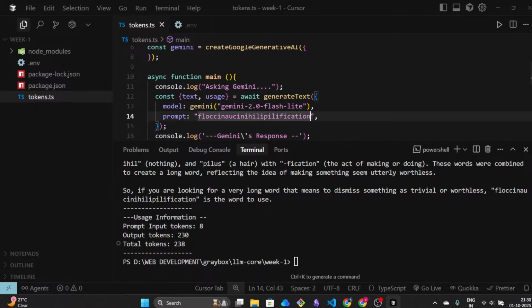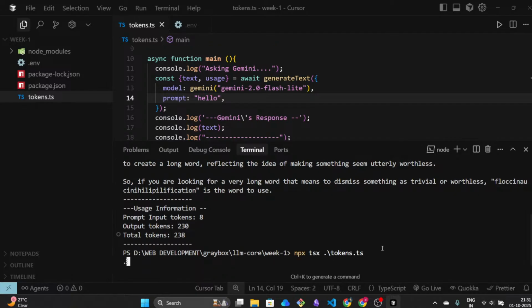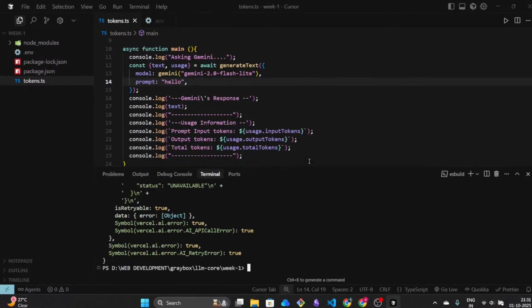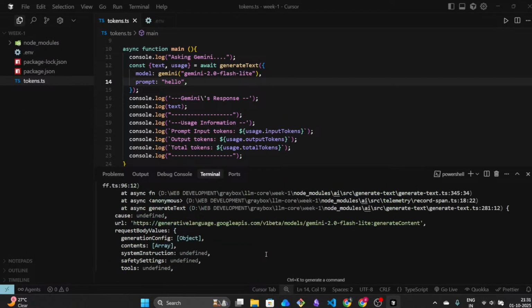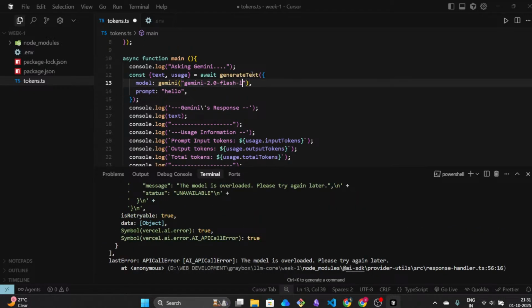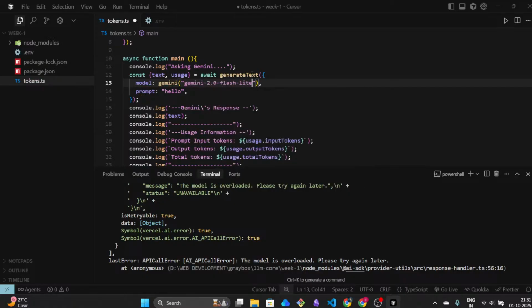For example, if I enter hello and run it, it's taking a lot of time. It was quick right now. What happens? What is the models order? Let me try some other model. I got flash.